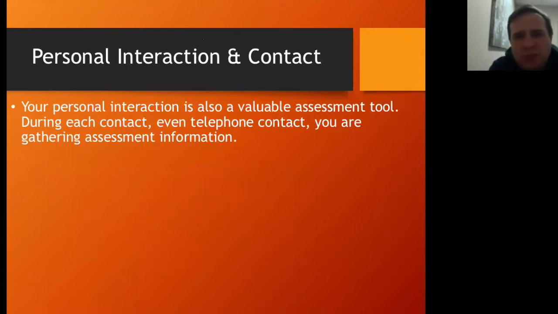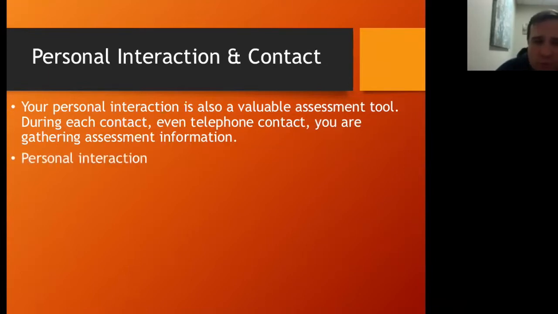If you're starting to feel angry, disconnected, or tired when you weren't tired before, all of those things are really valuable to figuring out what's happening within that individual across from you. And this can go for any type of contact: telephone, emails, text messages that you might get from clients. The reactions that you're feeling are important.